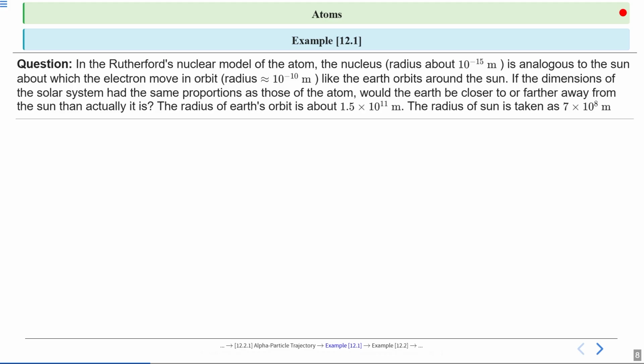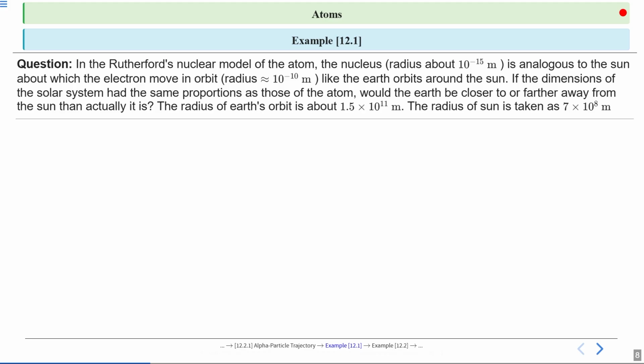If the dimensions of the solar system had the same proportions as the atom, what are the dimensions of the solar system? Meaning the radius of the solar system and the radius of the orbit of Earth. The ratio of those dimensions would have the same proportion as those of the atom.